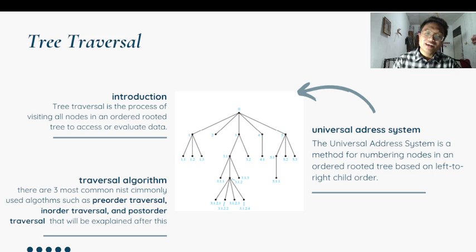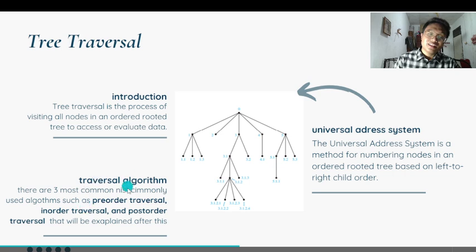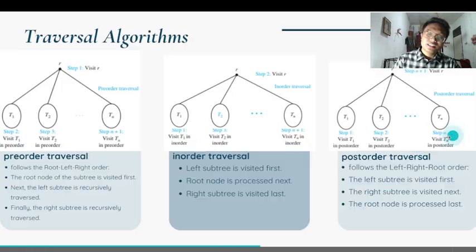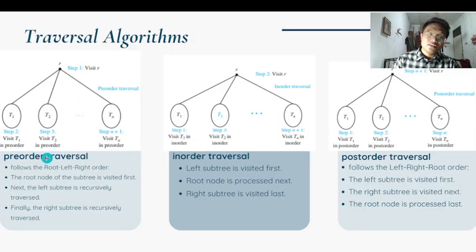That will be explained after this. In the next section I will explain these three traversal algorithms. This is the pre-order traversal, this is the in-order traversal, and this is post-order traversal. We can look at the image too and the explanation.